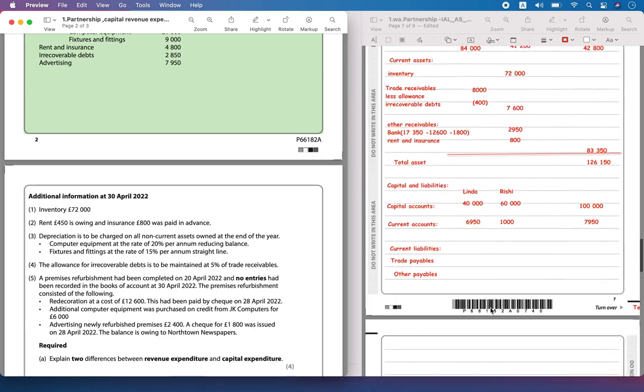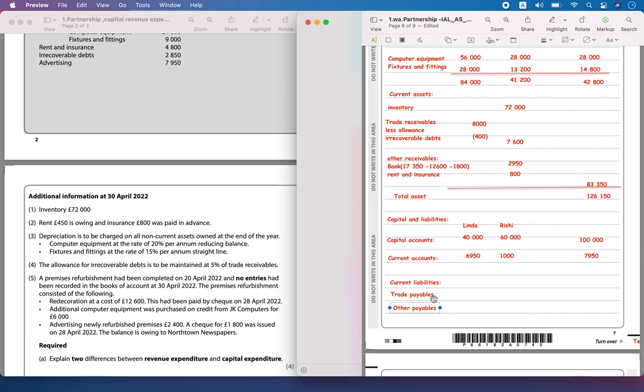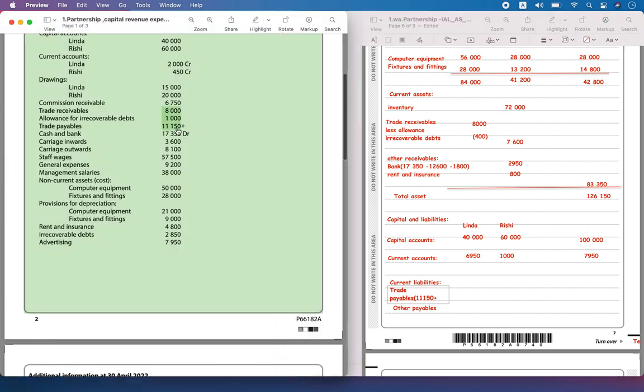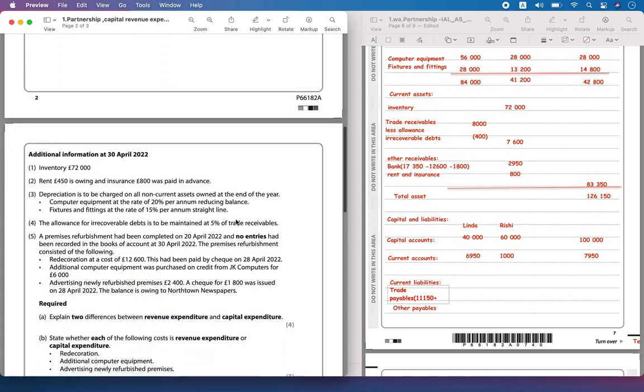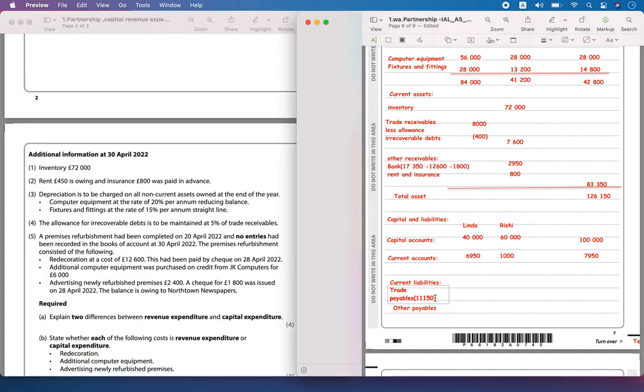So the total trade payables is going to become 11,150 plus, 11,150 was the trade payables. Then we have to adjust two other things, that is 6,000 which was still owed to one of the companies, and the other one is 600.